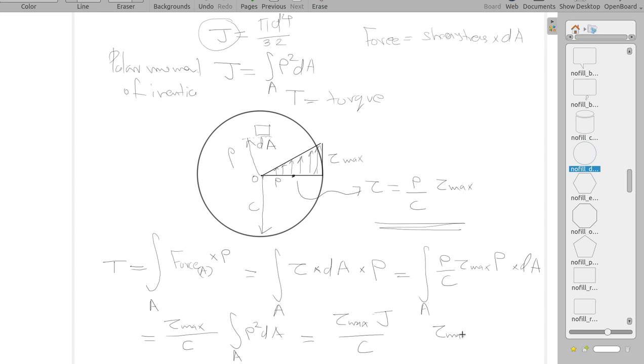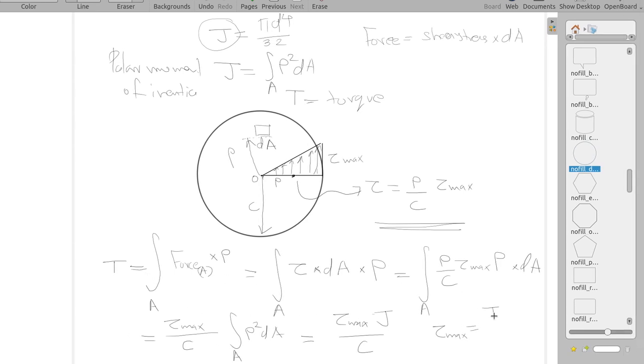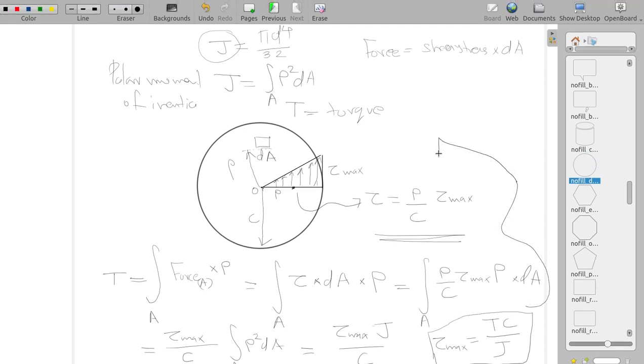So tau max is equal to Tc divided by J, where T is the torque, C is the radius of the circular member, and J is the polar moment of inertia. That equation is known as the torsion formula.